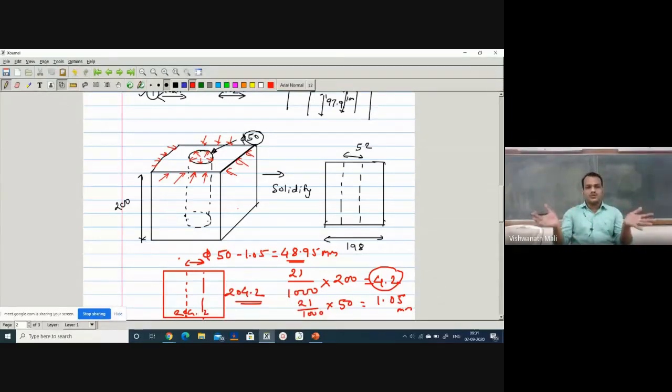But when there is an external dimension, just add it, because external dimensions are going to decrease. Whatever the shrinkage allowance is, we minus it for a hole, and for an external surface, add it. Have you understood this? Any doubt in this?